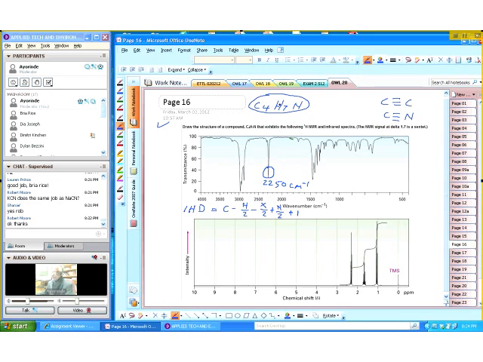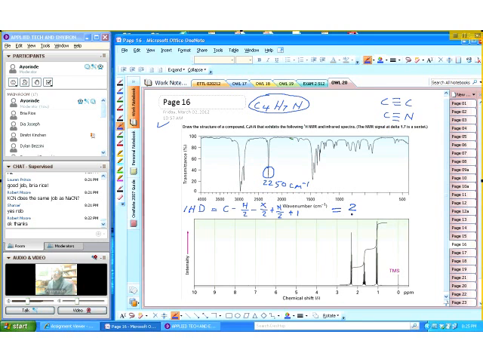Given that the number of carbon is 4, number of hydrogen is 7, and number of nitrogen is only 1, the index of hydrogen deficiency will be 2.